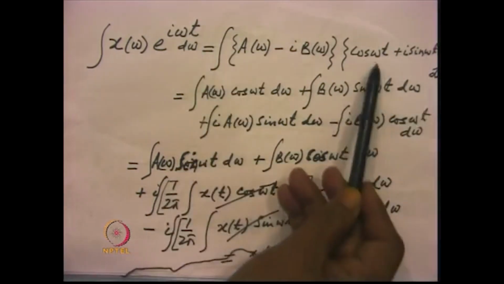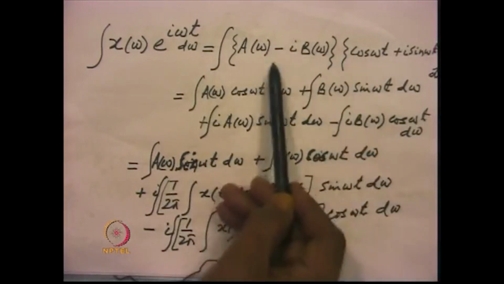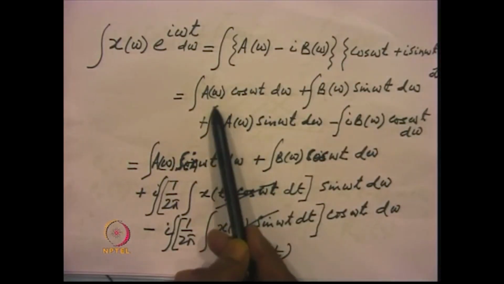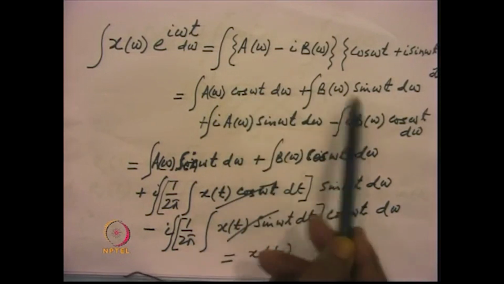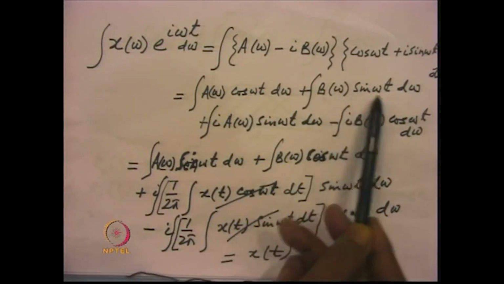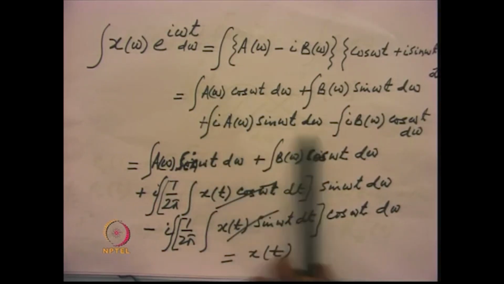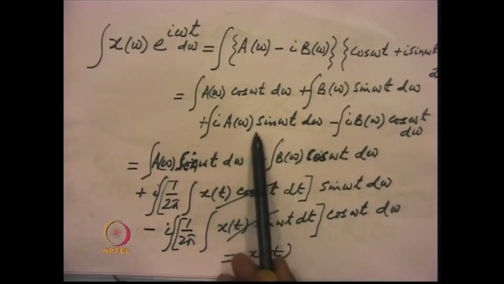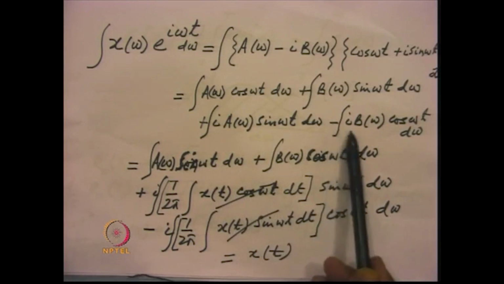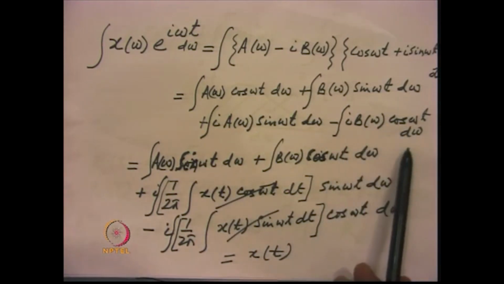When we multiply these, we have B(omega) sin omega t, A(omega) cos omega t, and also these two quantities, iA(omega) sin omega t and minus iB(omega) cos omega t, d omega.